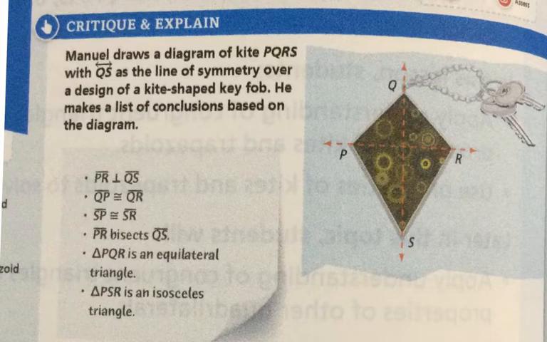The next thing they said, triangle PQR is an equilateral triangle where all sides are the same measure. All angles would be 60 degrees.